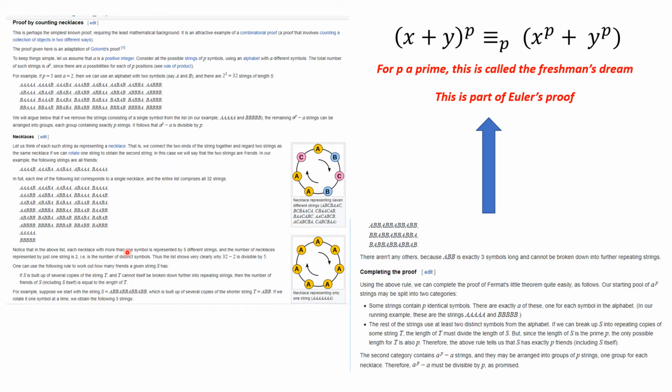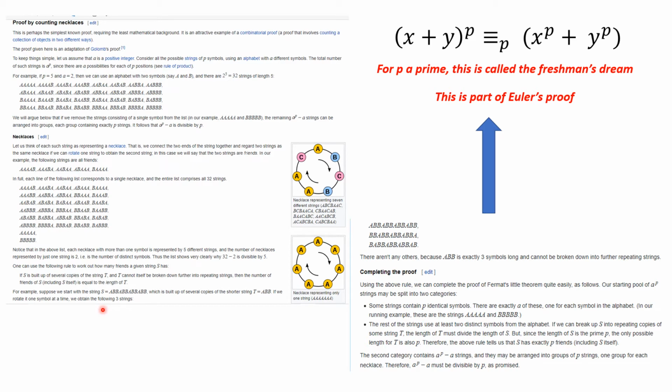So this is S and T playing the role of A and P. That means that if S is built up of several copies of T, and T cannot be broken into further strings, then the number of friends of S, the ones that are in a row, including S itself, is equal to the length of T.